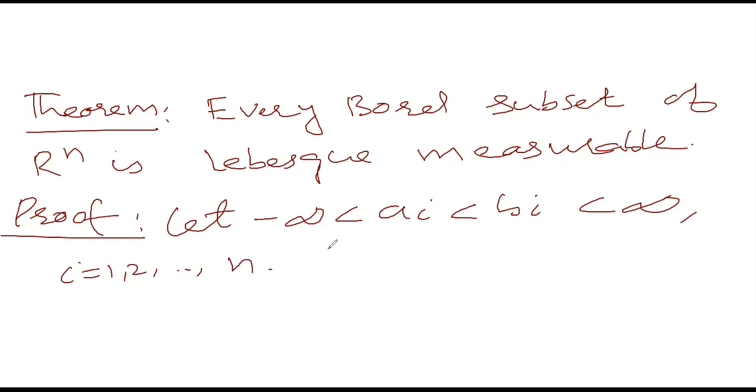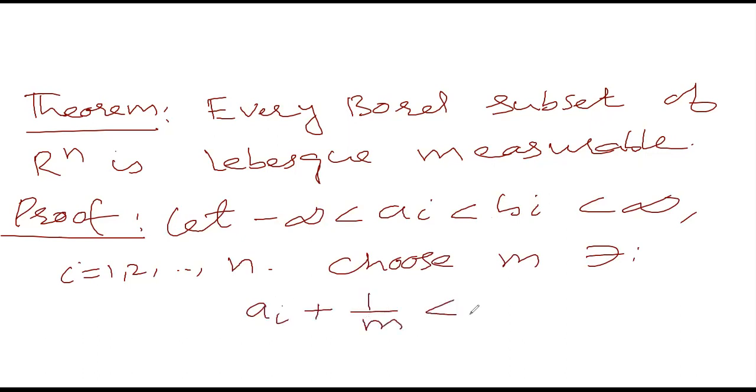Choose m so large such that a_i plus 1 over m is less than b_i for i equal to 1 up to n.